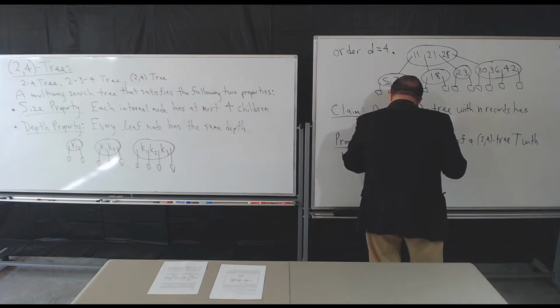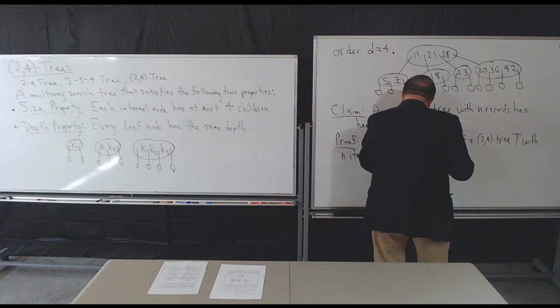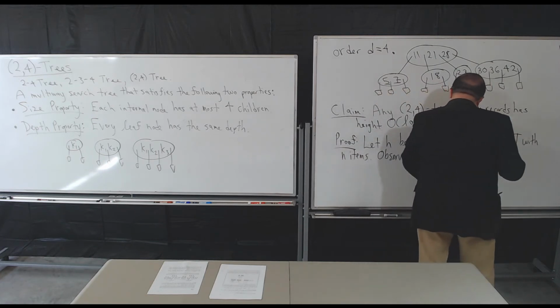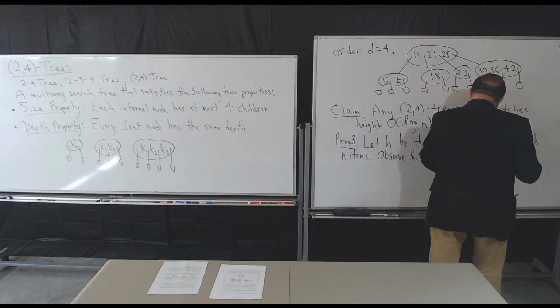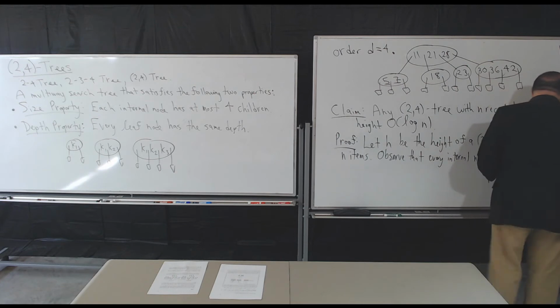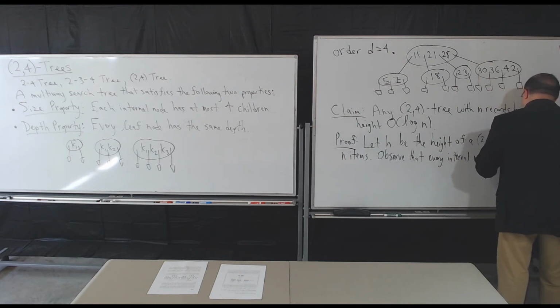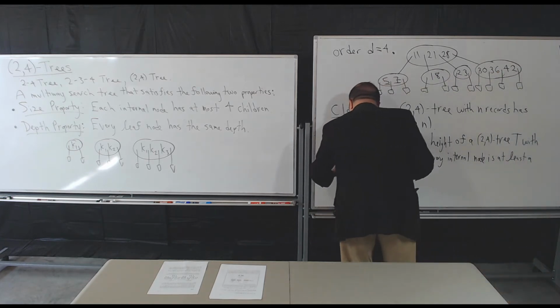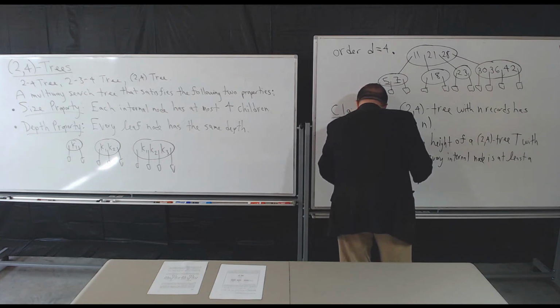So observe that every internal node is at least a 2 node, right? It has at least 2 children. It's at least a 2 node.